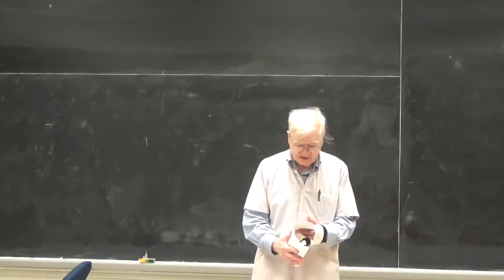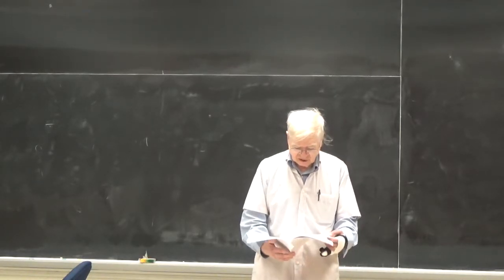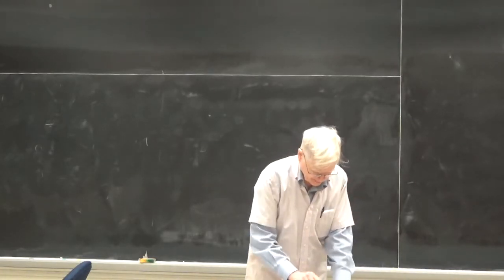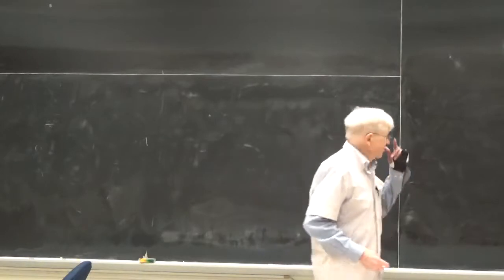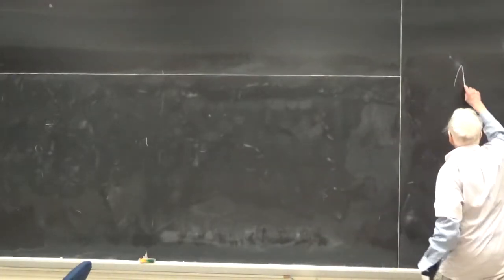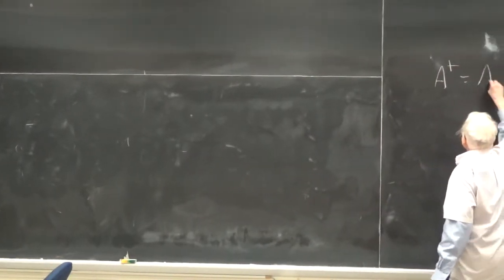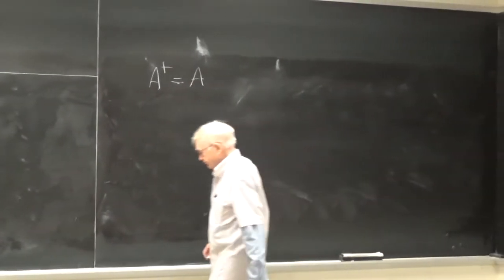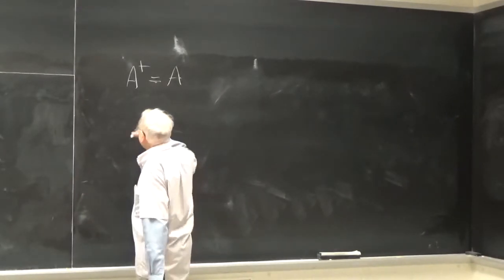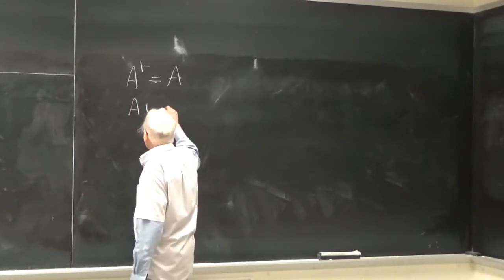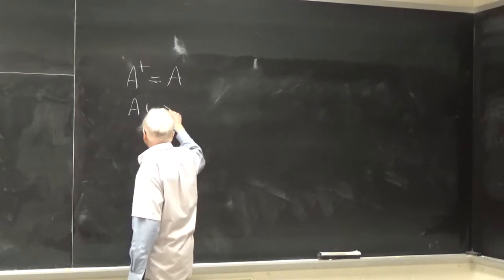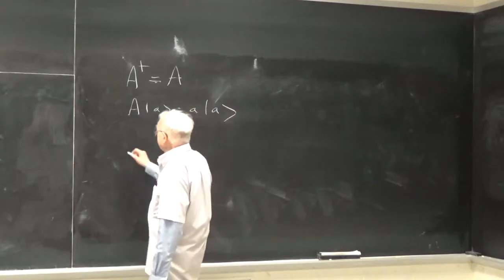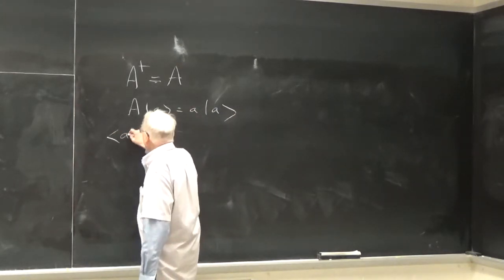So, last time we were talking about Hermitian matrices, and we learned that, probably you already knew, that if A is a Hermitian matrix, then A has eigenvectors, and the eigenvectors are orthogonal.